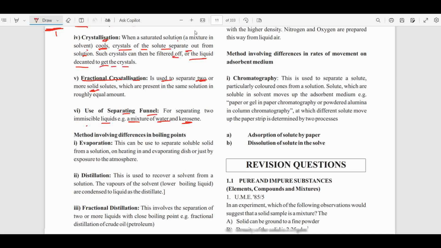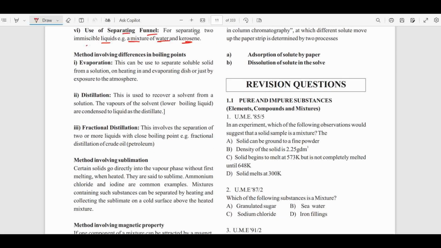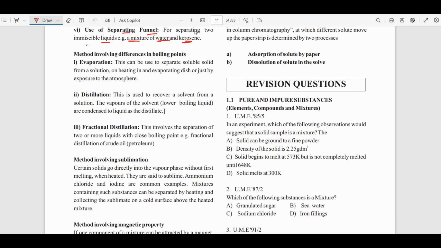Now, let's look at a different method that involves differences in boiling point. Under that, we have three key separation processes: evaporation, distillation, and fractional distillation. Of course, you know that in evaporation, you are changing state from liquid to gas, right?